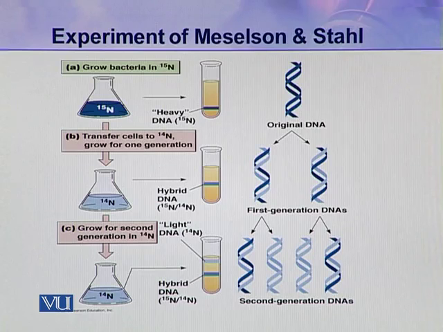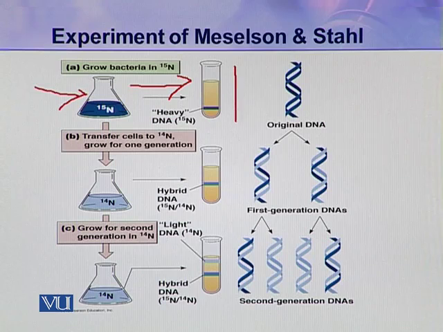In this experiment, they first grew the bacteria, E. coli, in a medium which contained N15. After several generations, they took the DNA and centrifuged it. After centrifugation, they observed that all the DNA contained N15, that is, the DNA was heavy DNA.